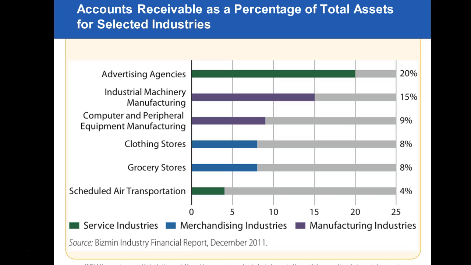Now, if you think about that, advertising agencies, I'm not saying they don't have assets, but since it's a service and a skill, while they might have computers, really a lot of what they have is intellectual property, intellectual in people skills. Air transportation is heavy in assets.